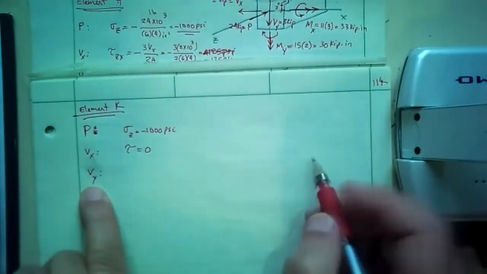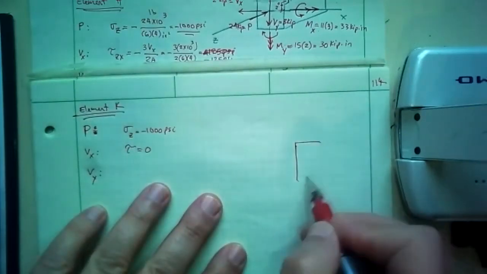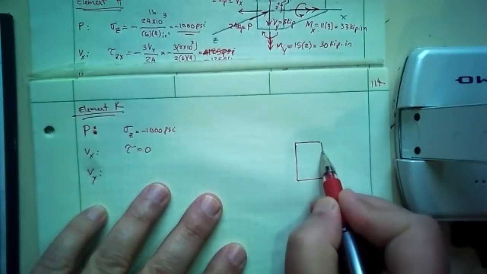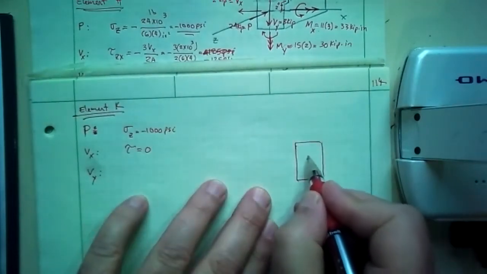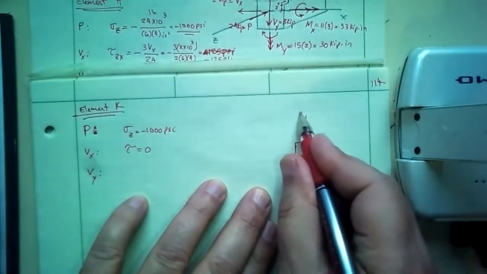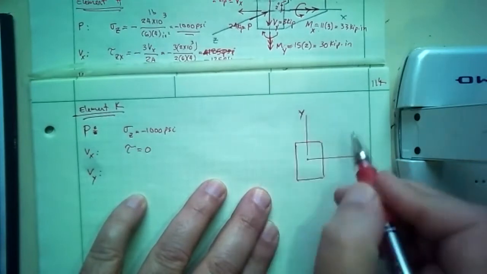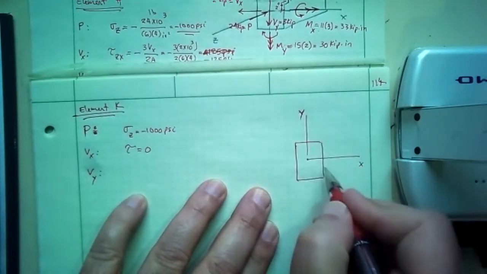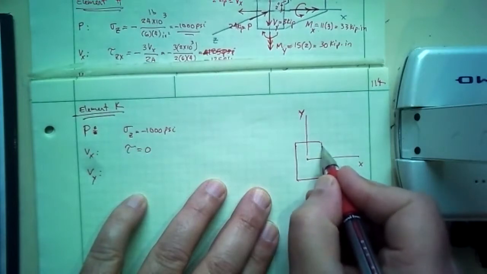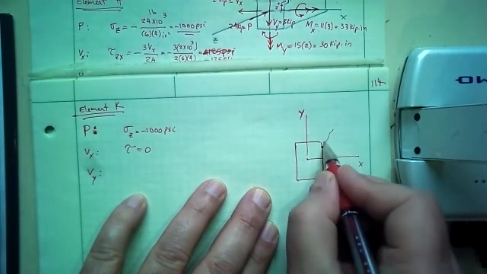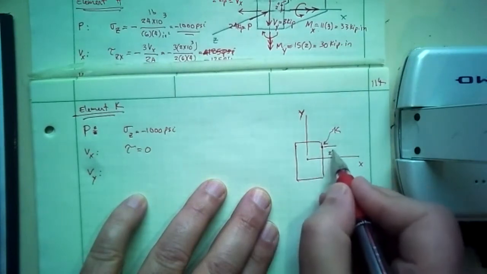So as far as Vy is concerned, if this is the cross section, and the centroid is here, and this is my y-axis, and this is my x-axis. Each side is 3 inches. This is the 2 inches. This is element K at 2 inches.